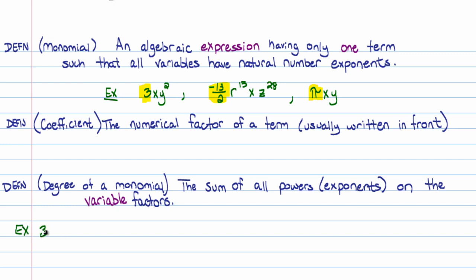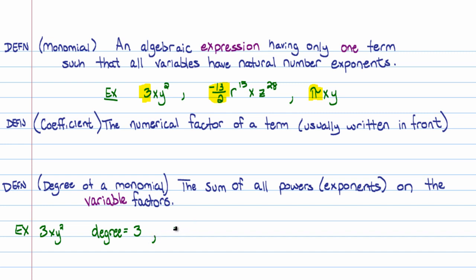If you consider 3xy squared, the degree here, well, we have x to the first, y to the second. So 1 plus 2 would be 3. Basically, this means that as far as how powerful it is, it's a power level 3, if you think video games.